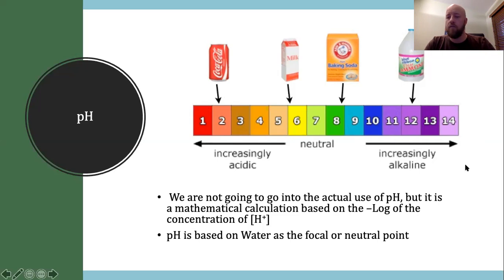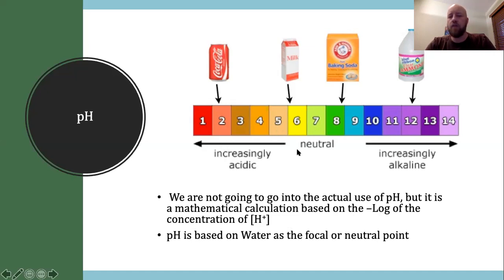If it has more of the proton, like HCl has protons, the negative log is going to make that number smaller and smaller as it goes down. So as the protons go up, the pH goes down, and the smaller the number, the more acidic it is.